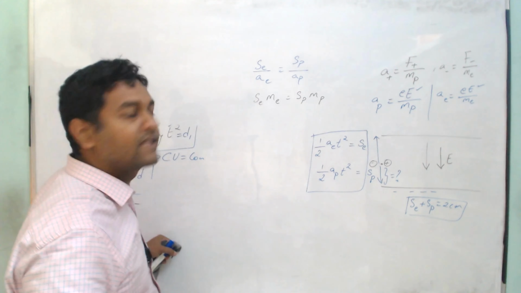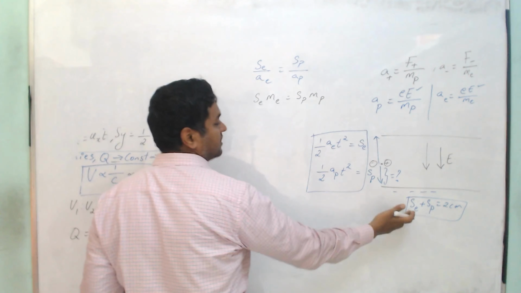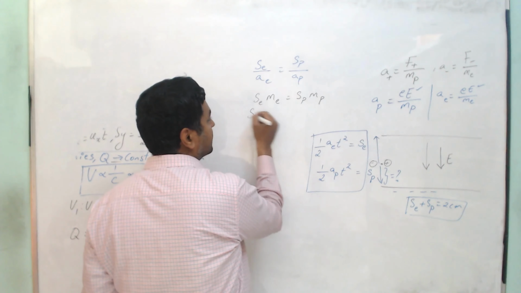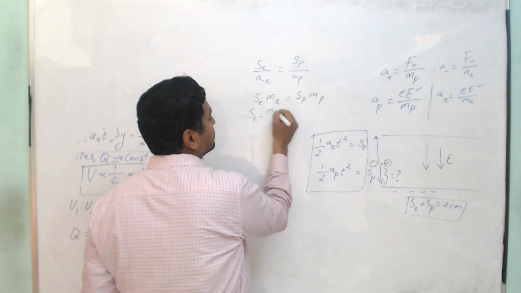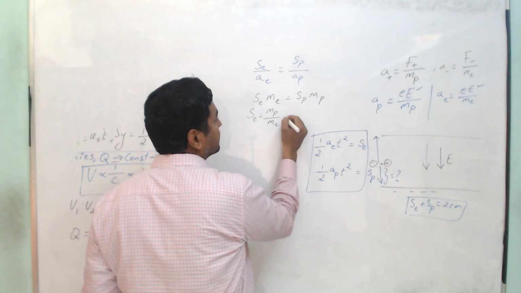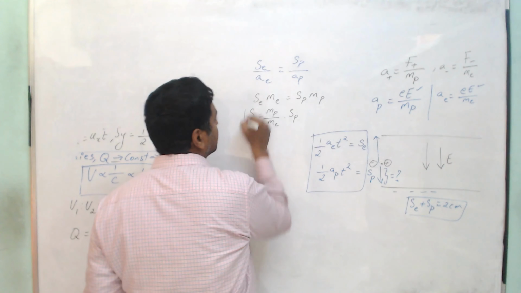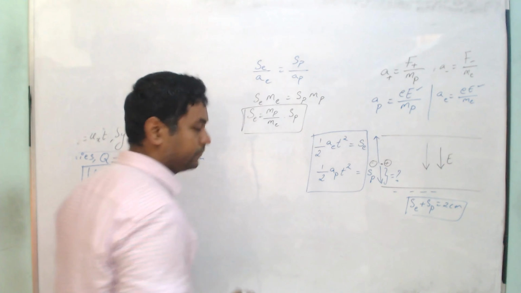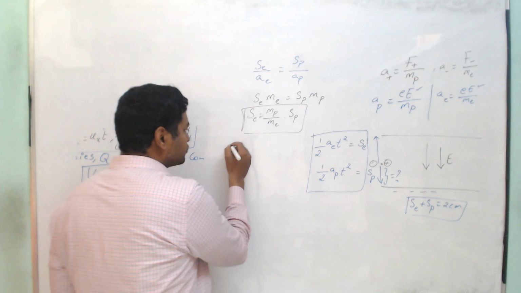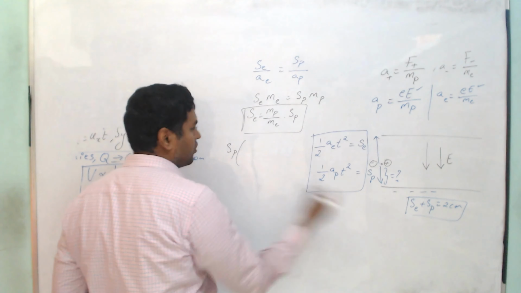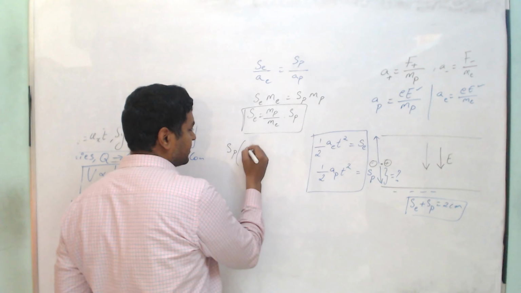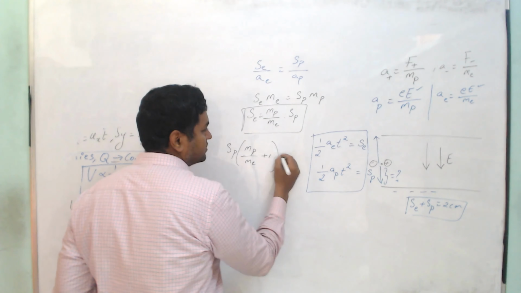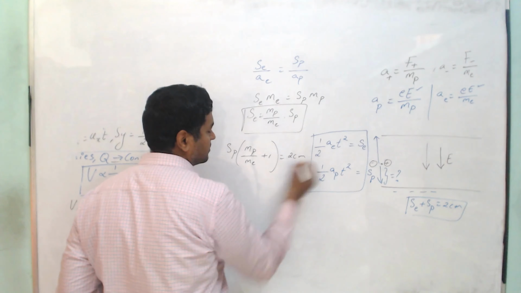Now, I want SP. So let me eliminate SE. SE is mass of proton divided by mass of electron into SP. I'll substitute this over there. So my SP, if I take it common after substitution, I will get mass of proton by mass of electron plus 1 is equal to 2 centimeter.